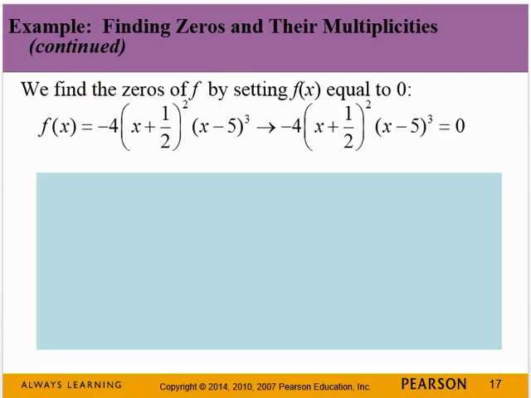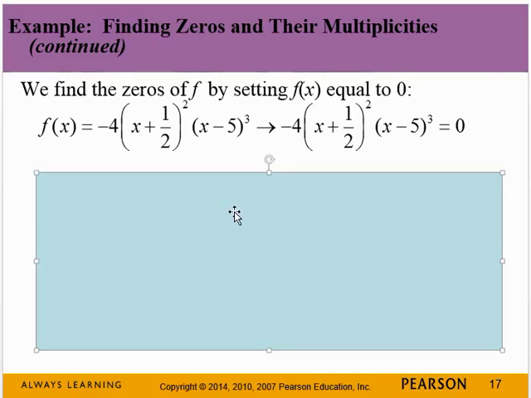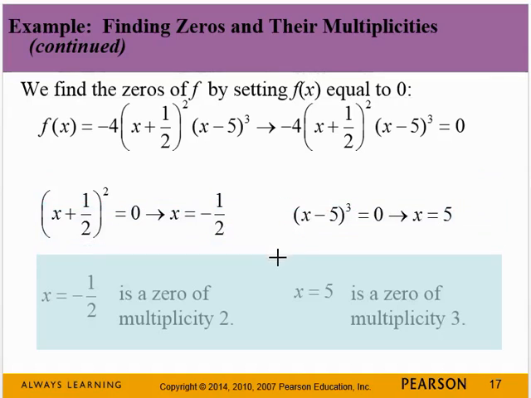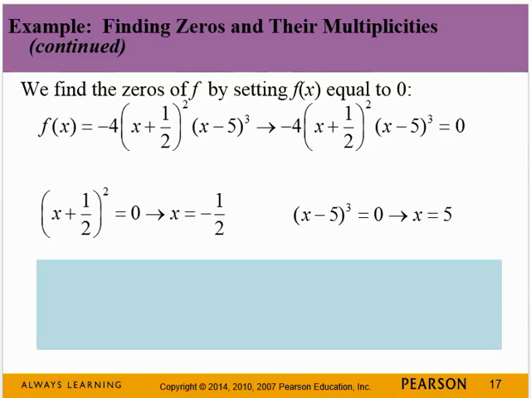So, we want to find the zeros of f by setting f of x equal to 0. So, we have x plus 1/2 squared equals 0, so x equals -1/2. And x minus 5 cubed equals 0, so x equals 5.